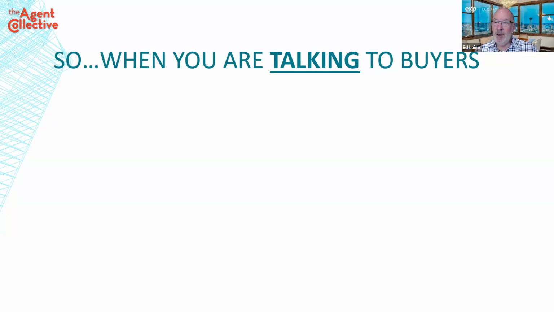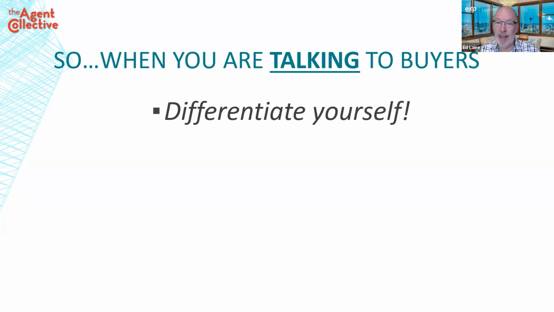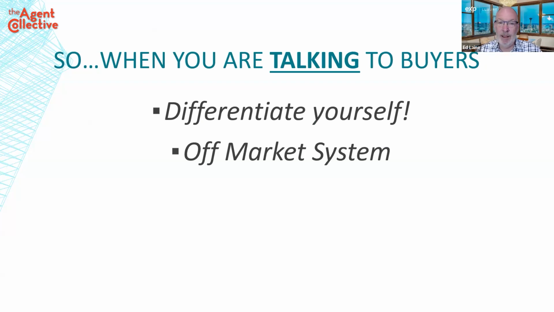So when I'm talking to buyers, I talk about how I have an off-market system. I lead with that. Why do I lead with that? Well, because 30,000 brokers are all looking in the same database, or oftentimes I'll say they're all fishing in the same pond.